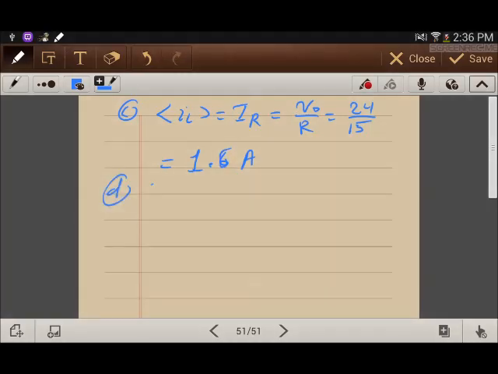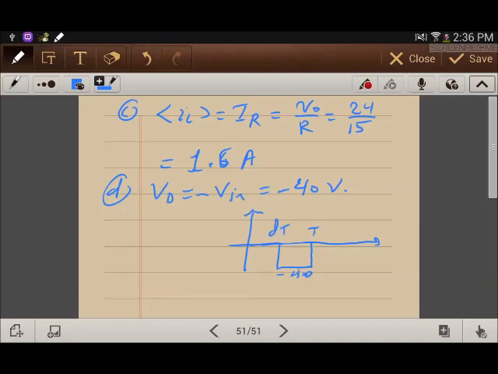D, find the V diode. V diode will equal minus V input, as we said, so it's minus 40 volts, and the waveform will equal 0 while the switch is on, and minus 40 when the switch is off. This is D, this is DT.